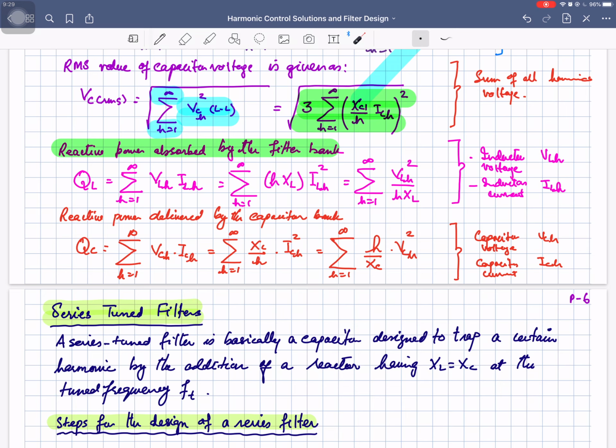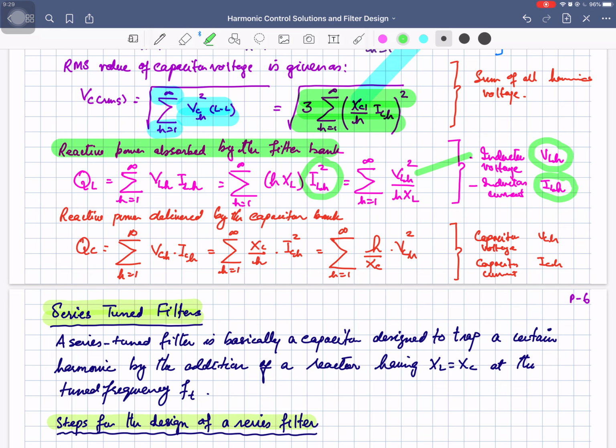Okay, and it can also be written as V square by R, or V square by the reactance, so VLH square divided by H XL. So this VLH is the inductor voltage for a particular harmonic, and this ILH is the harmonic current through the inductor of a particular frequency.